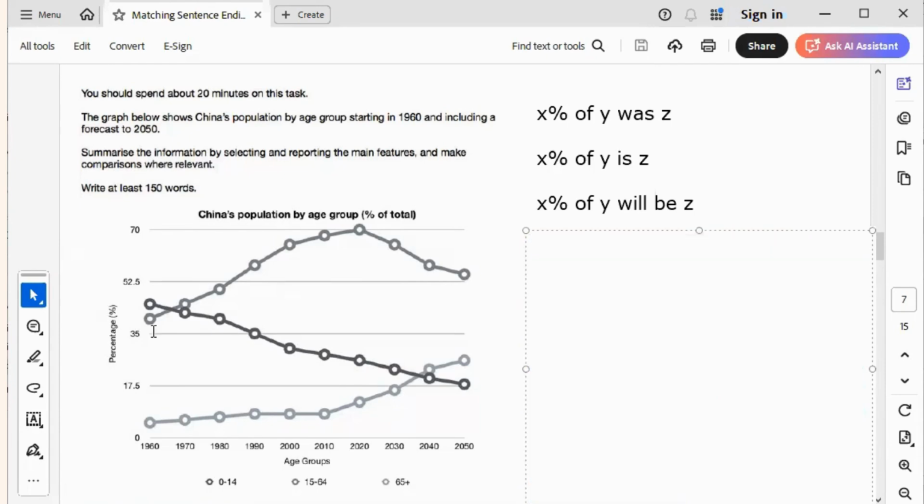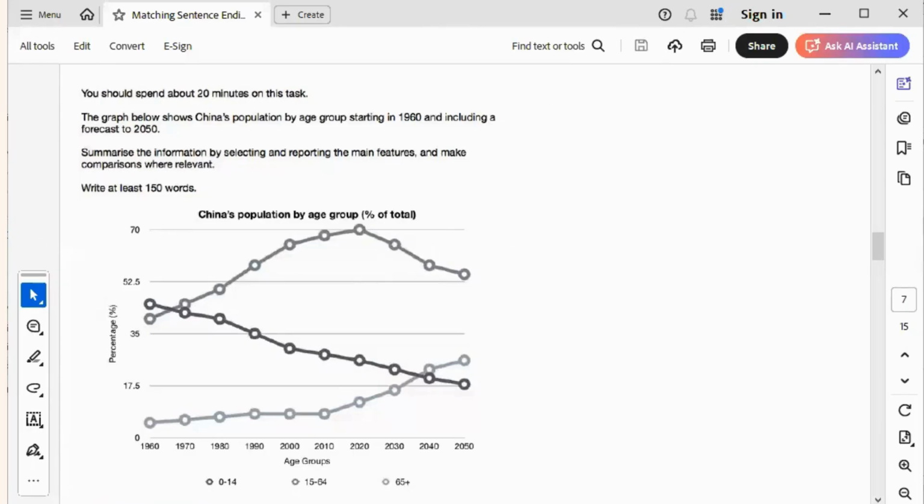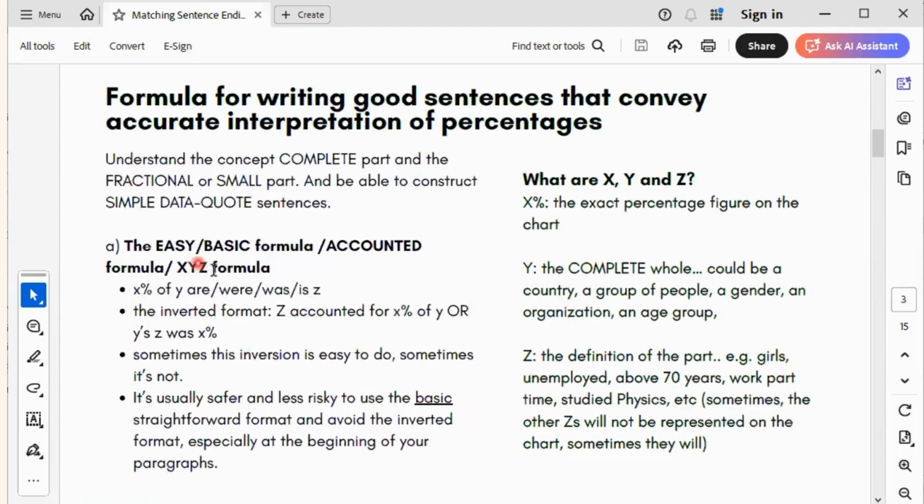Now let me go back to that slide where I wrote that stuff. Look at this thing here. What are X, Y, and Z? This is another important question. X refers to the exact percentage figure, 46%, 37.5%, 25%, something percent.